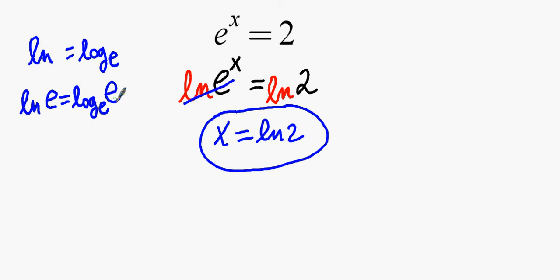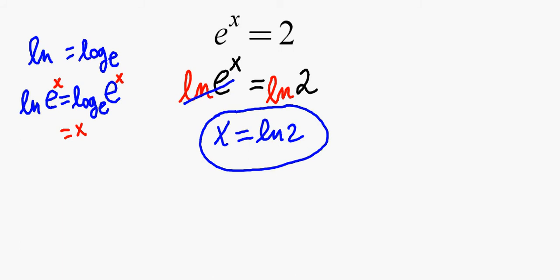Essentially it's 1. If I ask ln of e to the x, that's the same as asking log base e of e to the x. I'm asking what exponent I had to put on this little e to get e to the x. Well, of course the exponent is x.